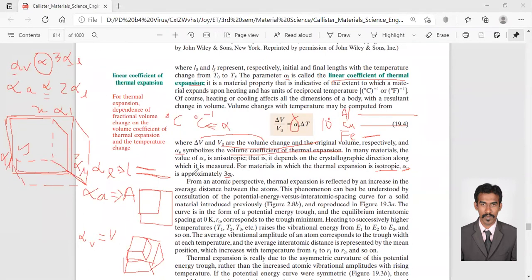It's approximately, not exactly equal, but approximately.